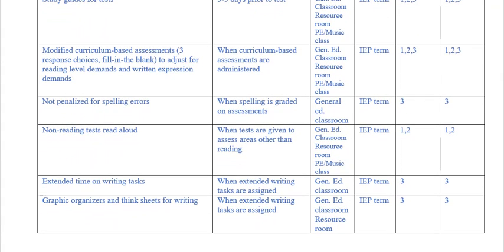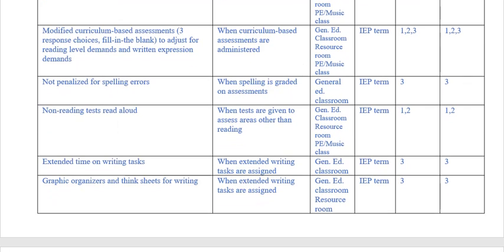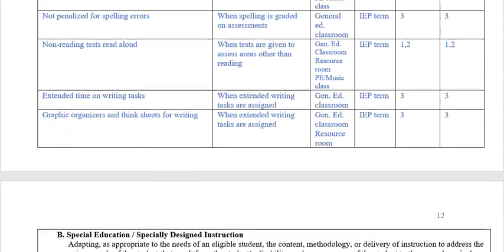No penalty for spelling errors when spelling is graded on extended writing assessments. Non-reading tests are read aloud, with extended time on writing tasks, and graphic organizers and think sheets for writing.